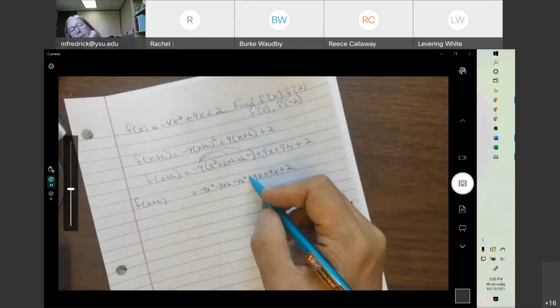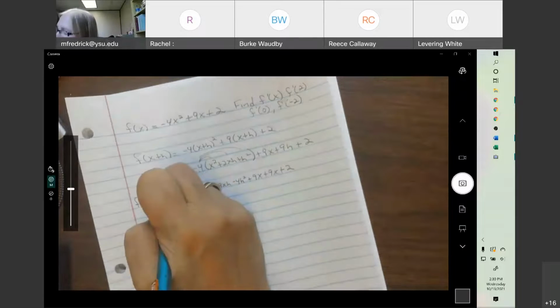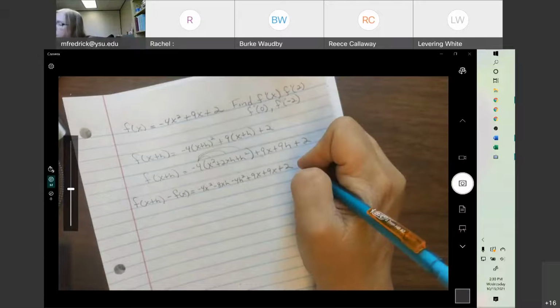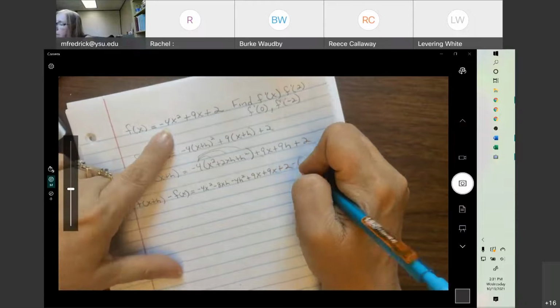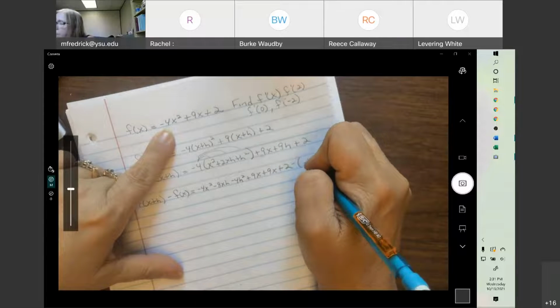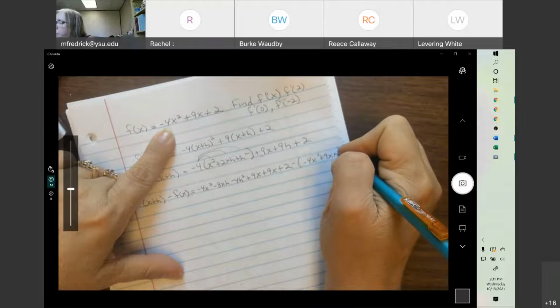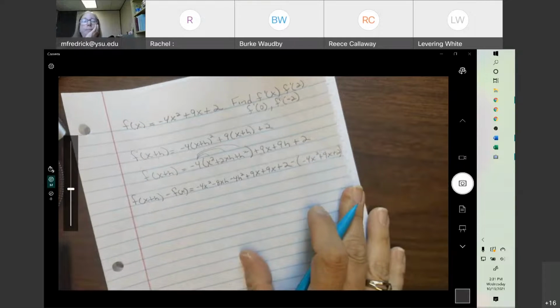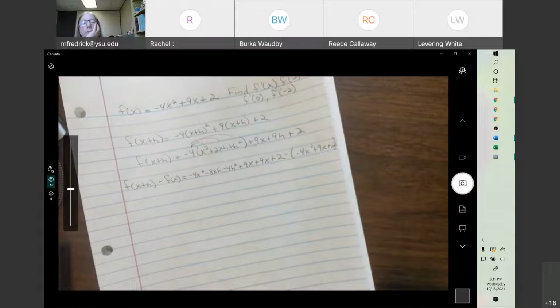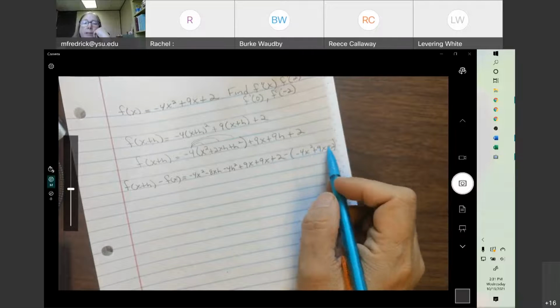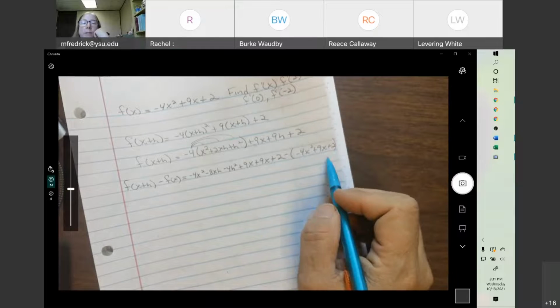So that's step one. Step two is to subtract the original function. So we're going to subtract negative 4x squared plus 9x plus 2. Now, if you don't want to rewrite it, you can distribute this negative inside the parentheses and it changes all your signs.